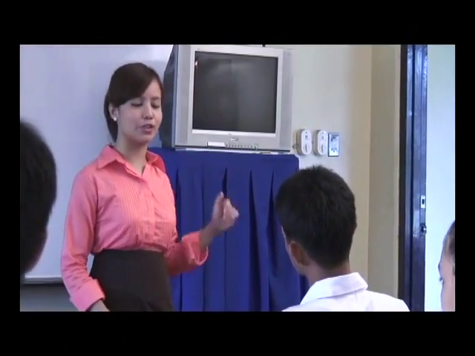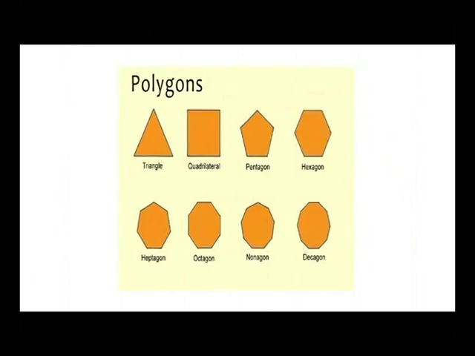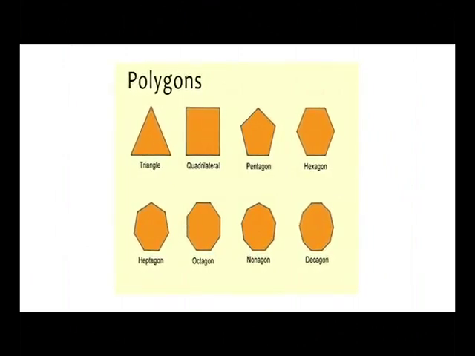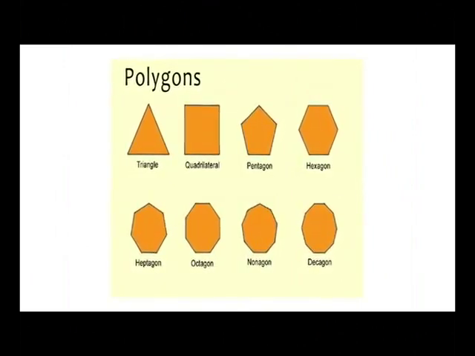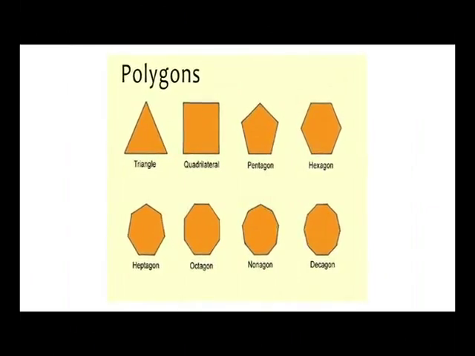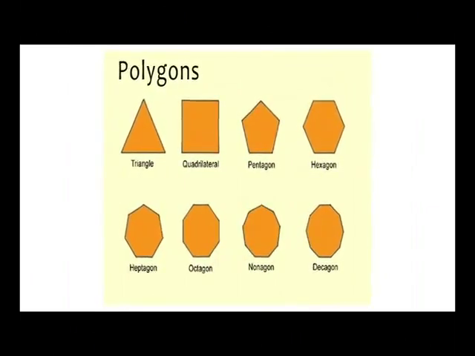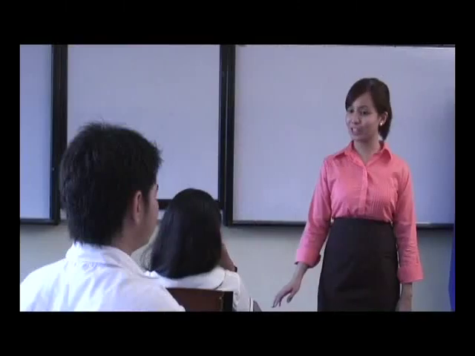Yes, that's right. The first 8 polygons in terms of the number of sides or angles are shown on the screen. Miss Christelle, how did these polygons get their names? Good question.